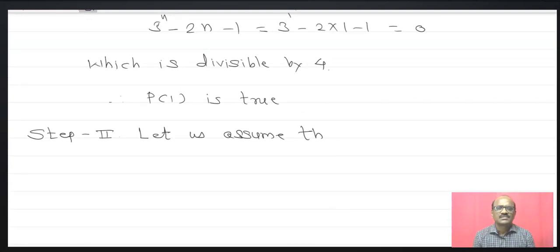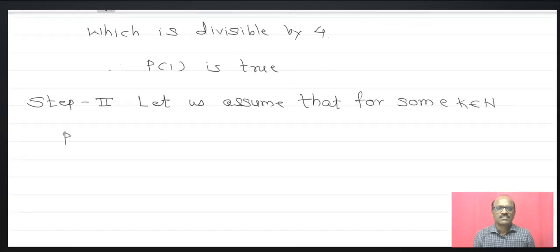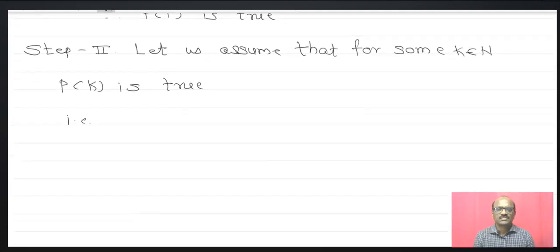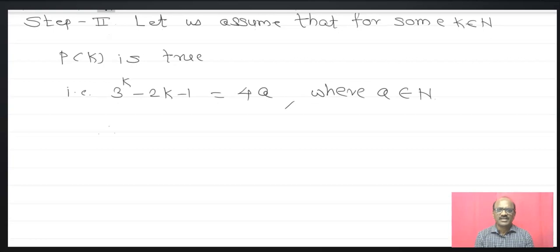Let us assume that for some small k belonging to capital N, P of k is true, that is 3 raised to k minus 2k minus 1 is equal to 4a, where small a belongs to capital N. Therefore, 3 raised to k is equal to 4a plus 2k plus 1.